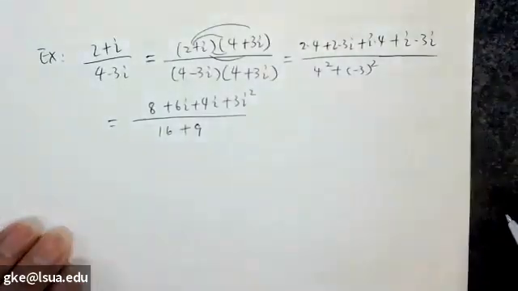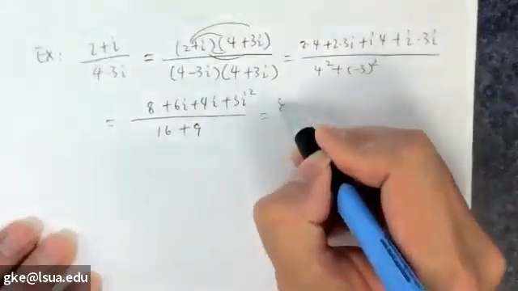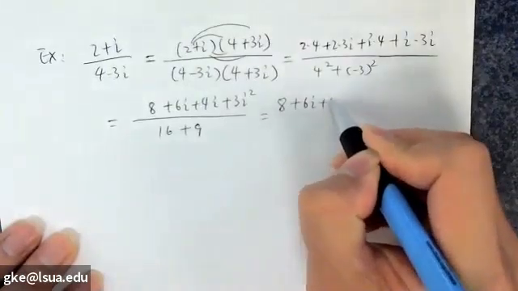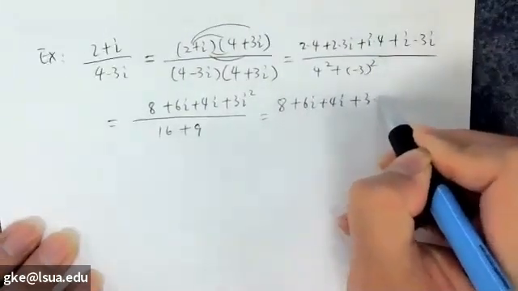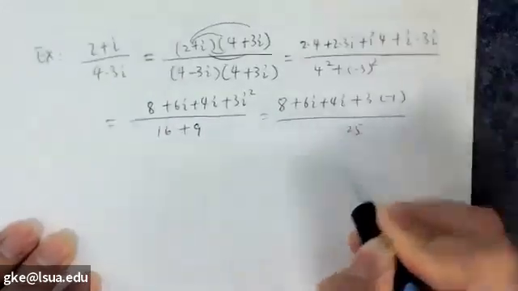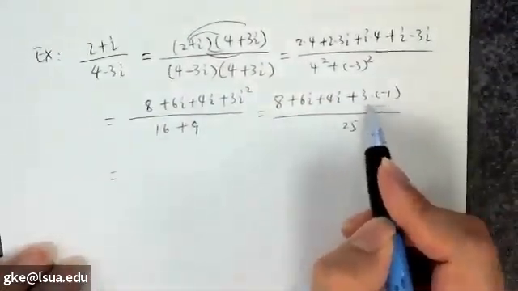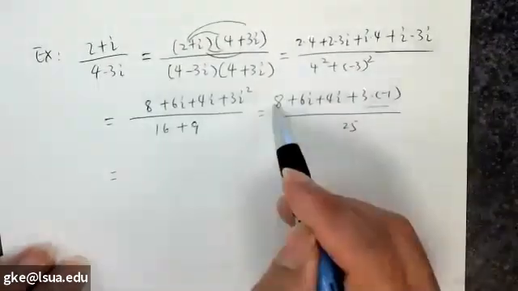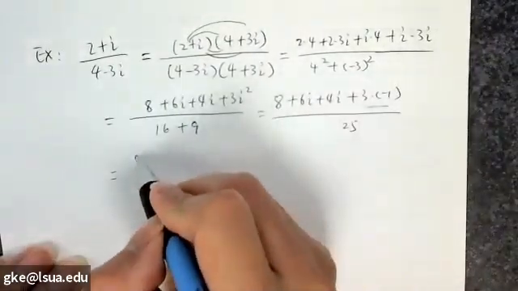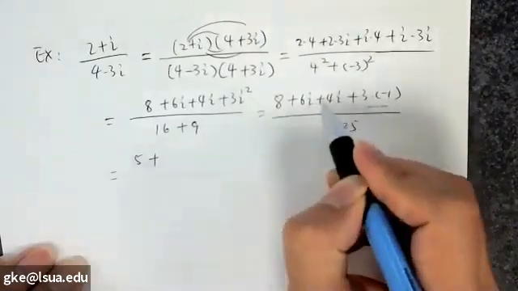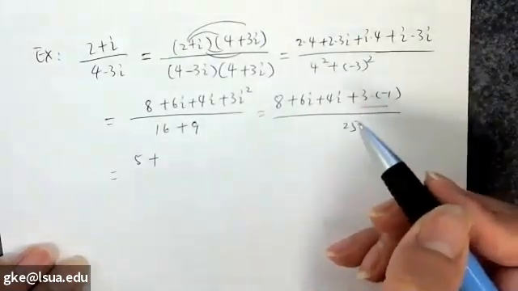And of course, we have 16 plus 9, 8, 6i, 4i, 3i squared, okay? So we have what? 3 times negative 1, 25. And here's negative 3 plus 8, 8 minus 3i. 6i plus 4i, 10i.